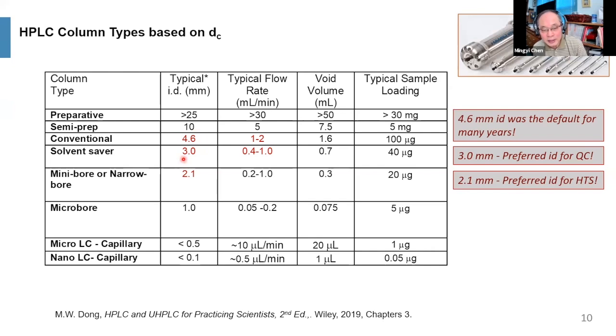It just turned out that in the 1950s and 60s, if you try to get a precision bore stainless steel tubing at a 1/4 inch OD, the standard tubing inner diameter is 4.6 mm ID, and this actually is a good match for the flow rate.